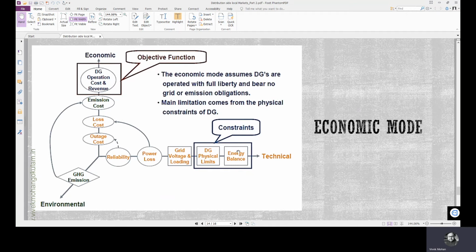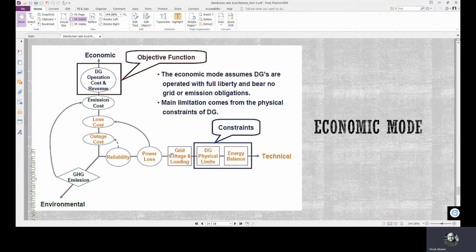This is equality constraint, energy balance. Basically power generated minus the power demanded minus power losses, network losses equals 0. So this is an equality constraint. Now here DG physical limit for each distributed generator, there will be P min and P max, active power minimum and active power maximum.